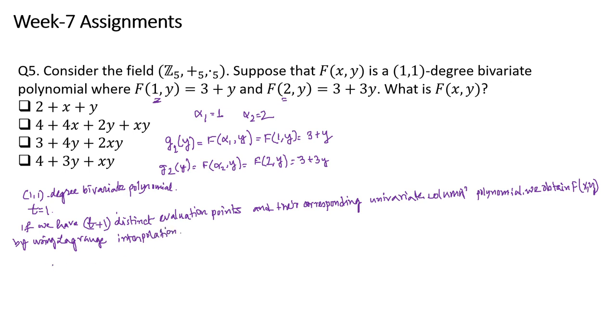What is the formula for that? f(x,y) is written as delta 1(x). So this is a linear combination of all these t plus 1 univariate polynomials.